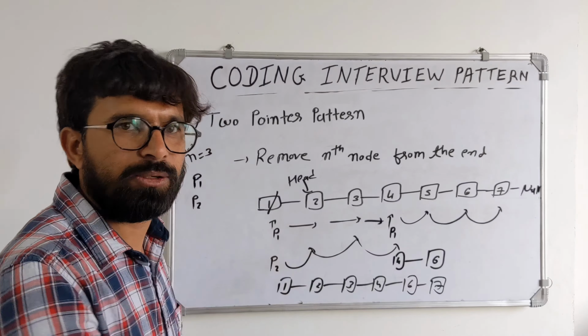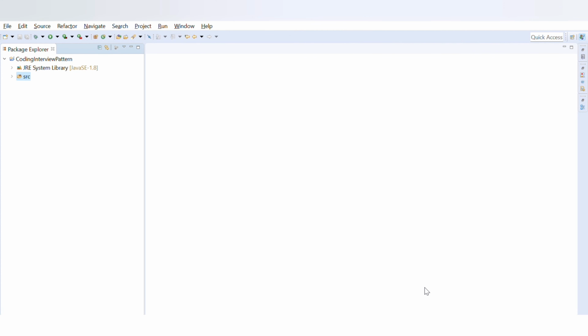Okay, so let's see in the code editor now. Hey guys, so we are back in Eclipse. We are going to write the code to implement the remove nth node from the end program here. I just created this project, and let me create a new package and a new class.